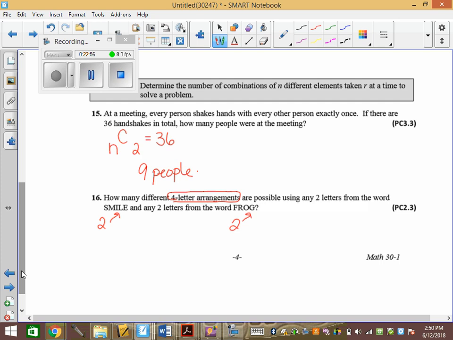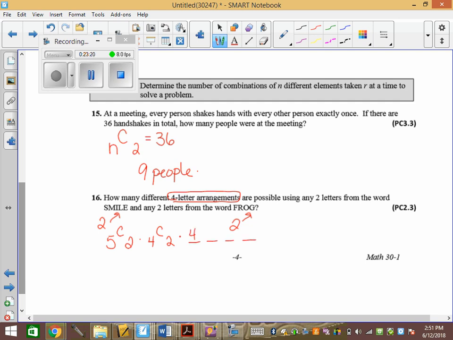How can I get the letters from those words? So this can be 5C2 and then 4C2 because I'm not ordering them. I'm just getting 2 letters from each. So what's the problem now? You haven't arranged them. So I have 2 letters, another 2 letters, I have 4 letters. I now need to arrange them.